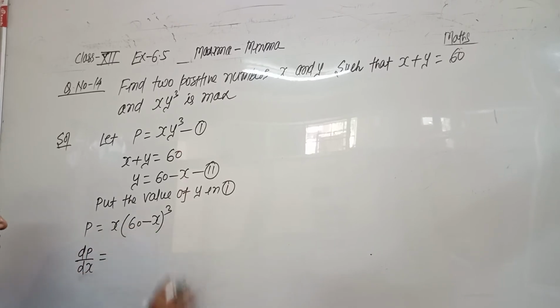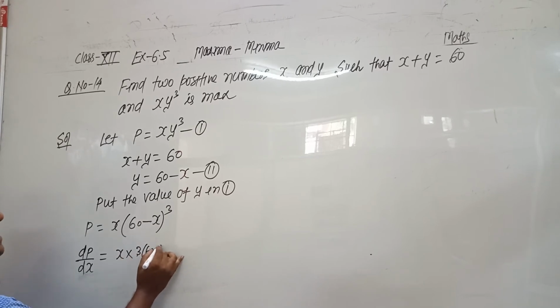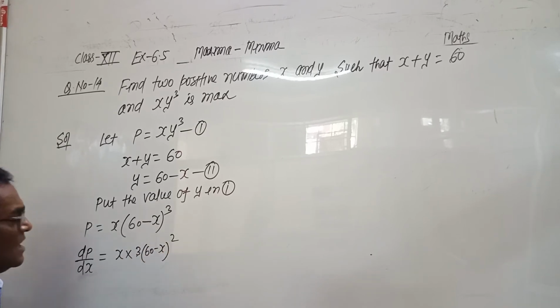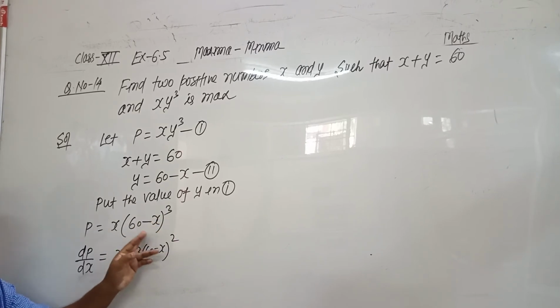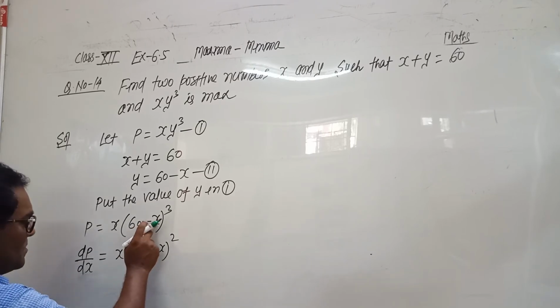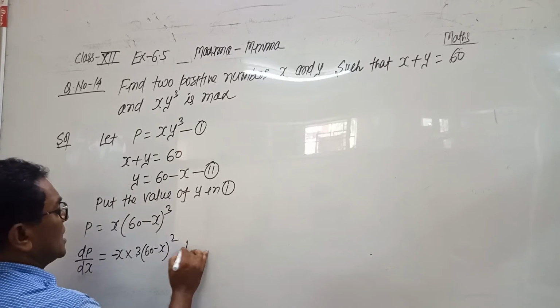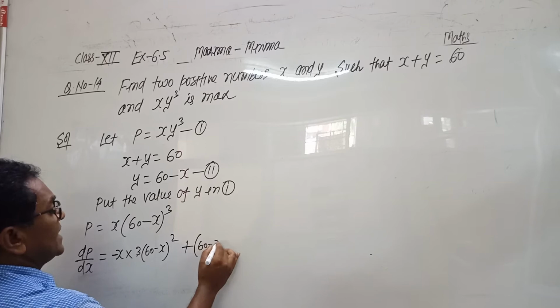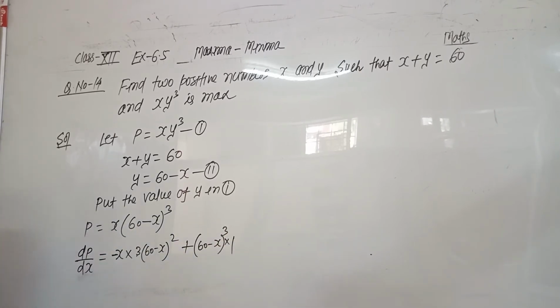This will be differentiated in the form u into v. x as it is, and differentiation of v: 3 into 60 minus x the whole square, dropping the cube, and differentiation of the term inside the bracket, minus 1, and differentiation of 60 is 0. Now 60 minus x the whole cube as it is, and differentiation of x is 1.